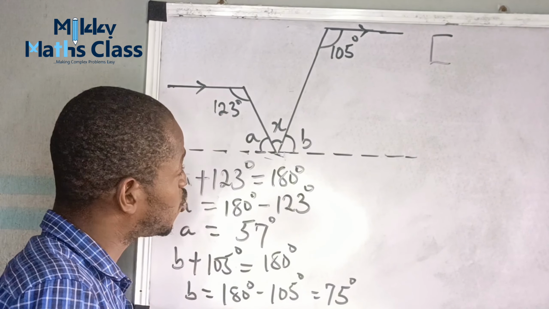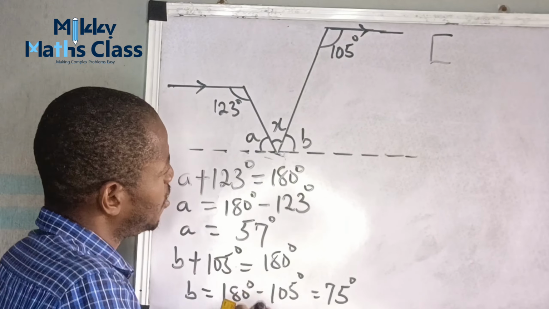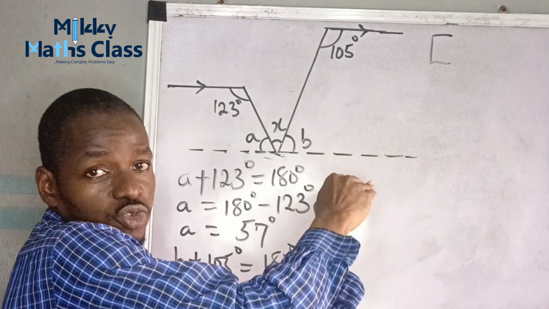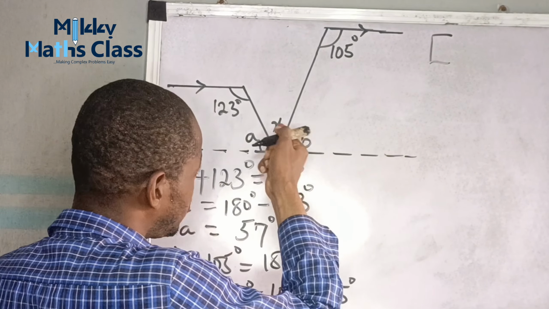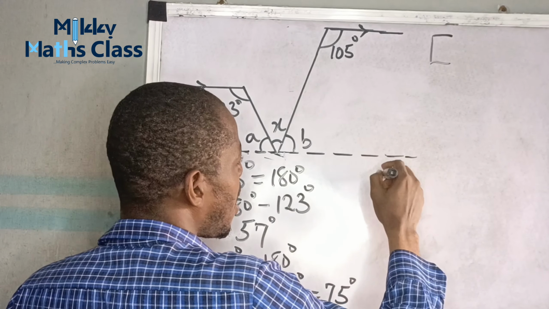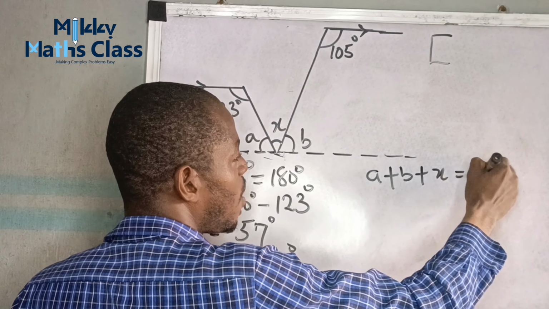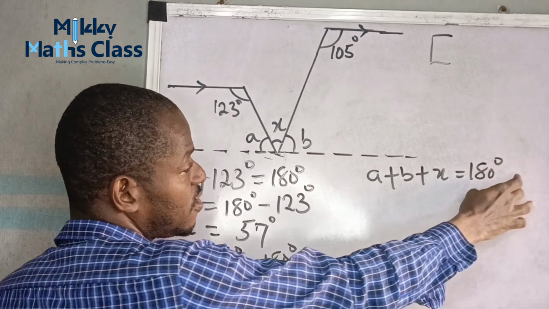Now to find x, we use the rule that says the sum of angles on a straight line. You see that A, B, and x all lie on a straight line. So we use angles on a straight line to find this. Therefore, A plus B plus x will be equal to 180 degrees. In geometry, if this is a theory question, always put your reason.